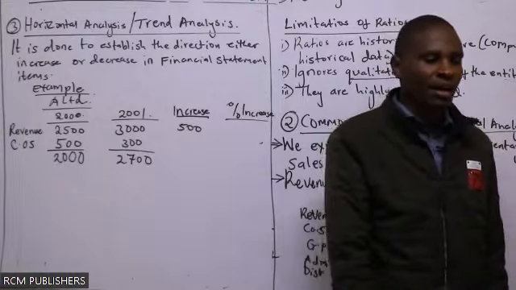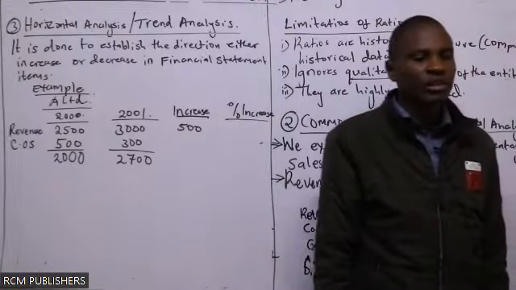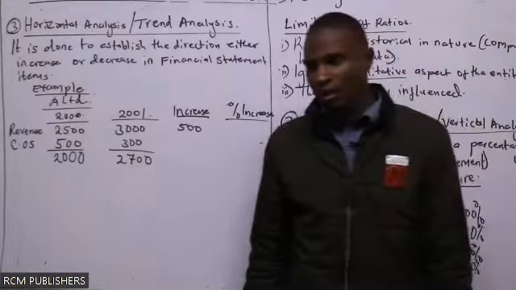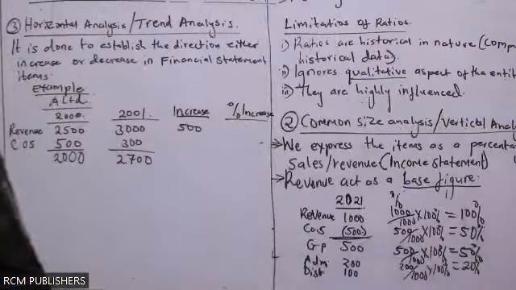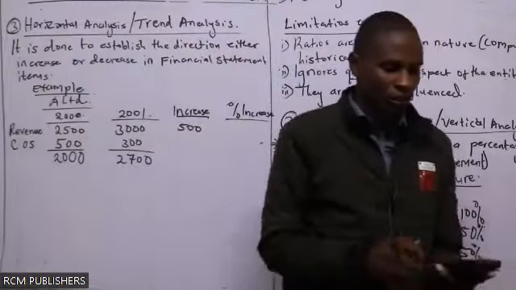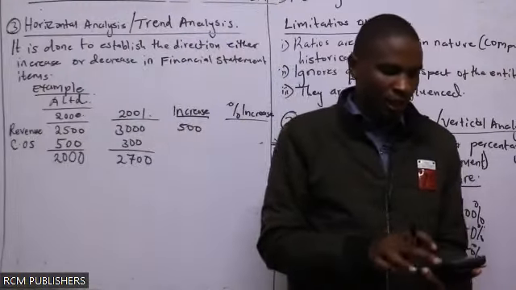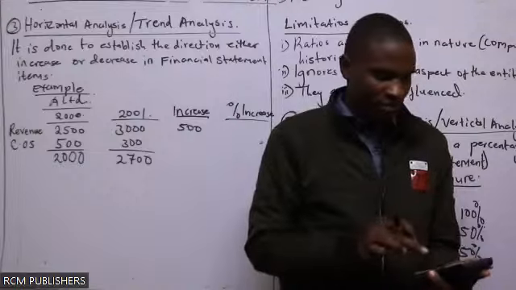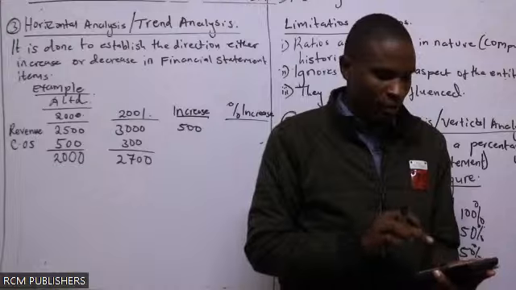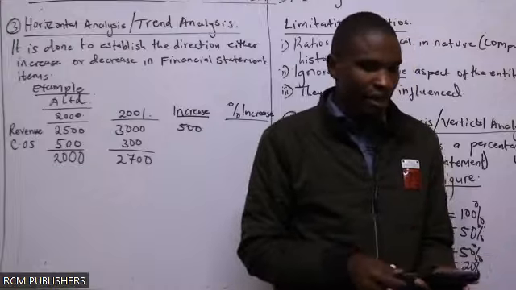Now, sasa, I can see Grace is giving us 20%. Is there someone else to confirm this? Call still giving me the same. This is 500 divided by 2,500. And then I multiply this by 100.